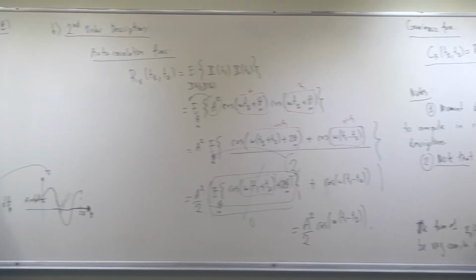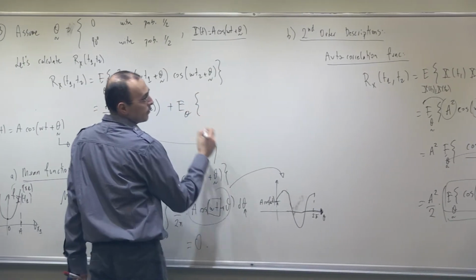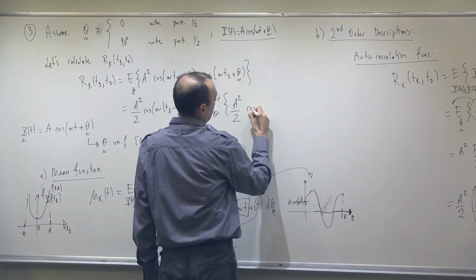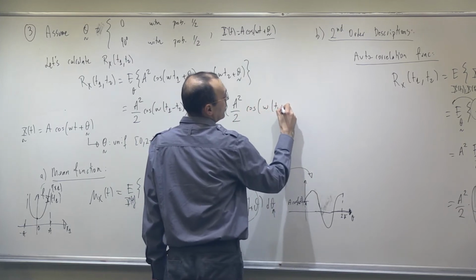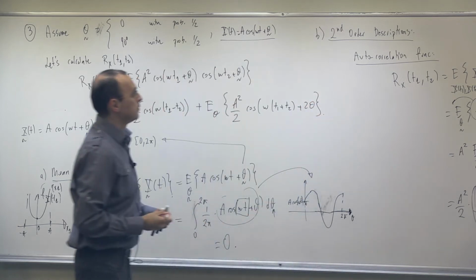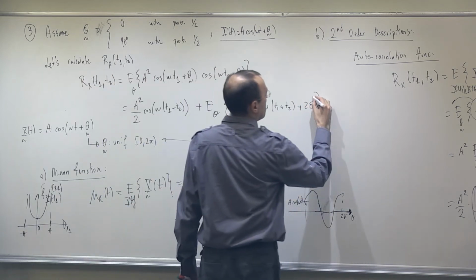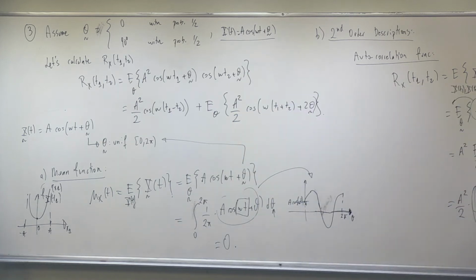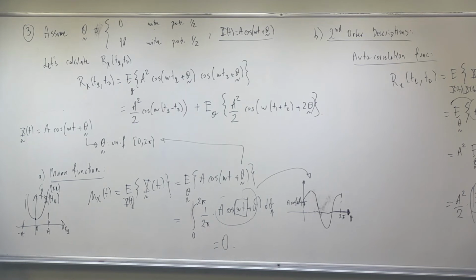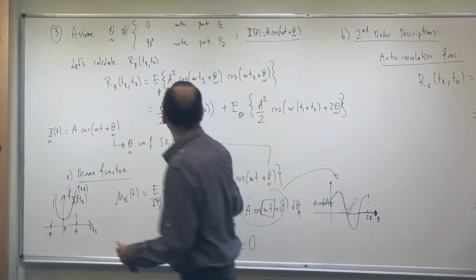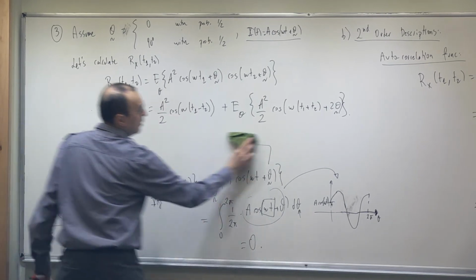Let me write down the expected value over theta of A squared over 2 cosine omega (T1 plus T2) plus 2 theta. Am I right? This is just 2 theta. I need to calculate the expected value of this. Previously it was 0 with this density definition. How about the other one?